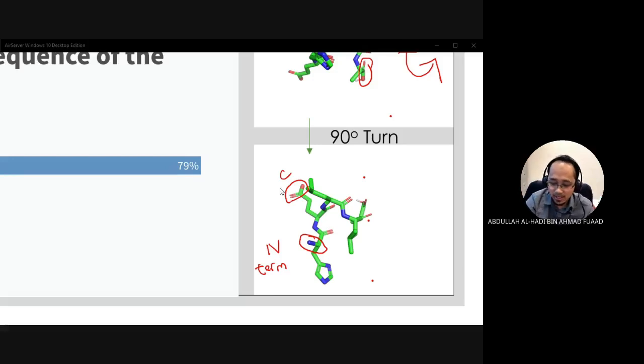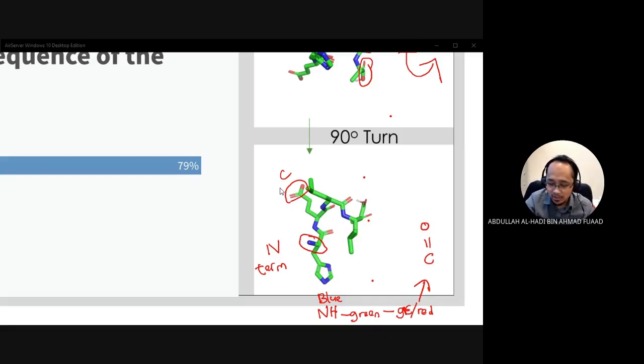If it's an amide, then you see NH, which is blue, and then you'll see a green and then a green red. Green red signify C double bond O, which is the carboxyl terminal.